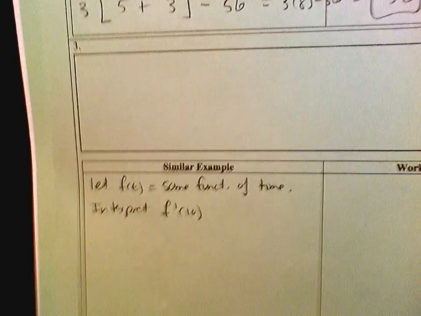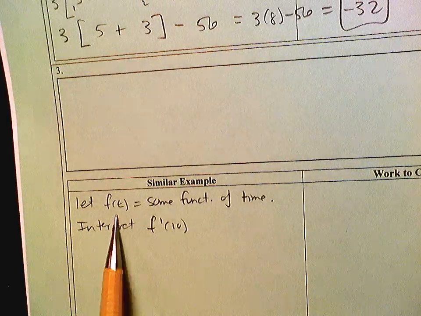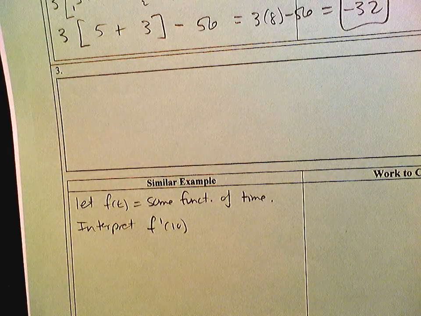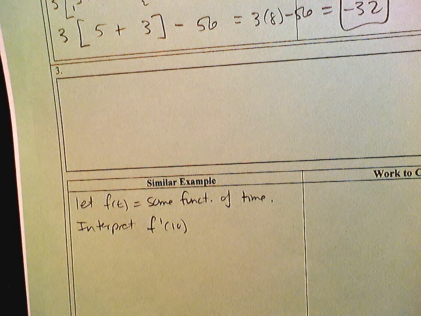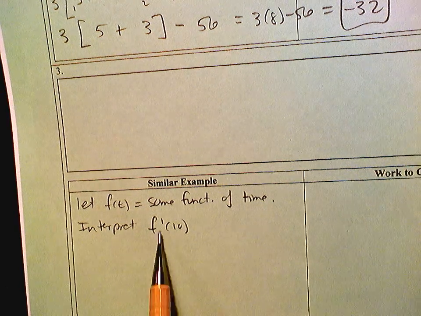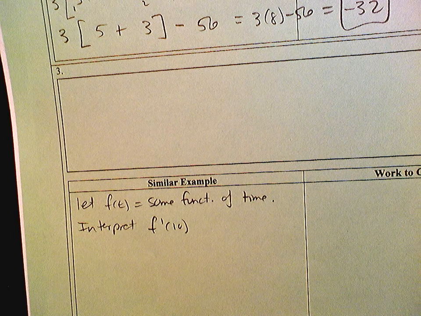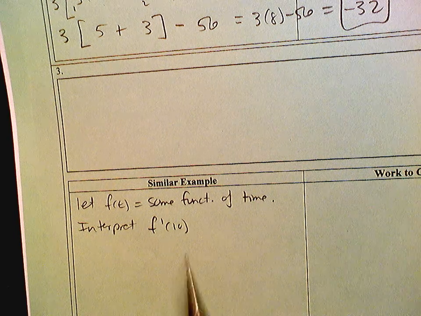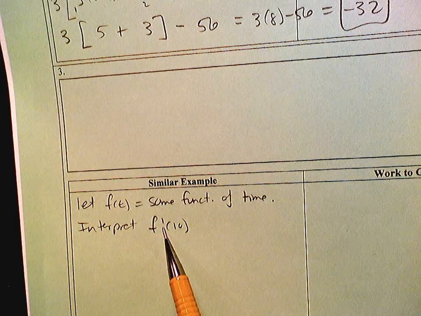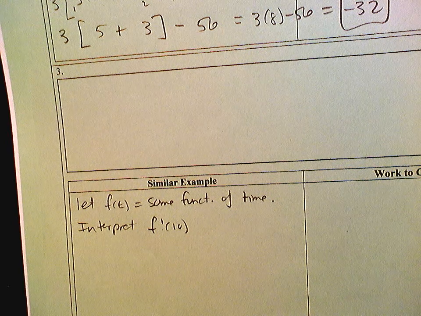Okay, now down here, we're going to let f of t equal some function of time. So time is the input. And we're going to interpret f prime of 10. Well, a derivative is a rate of change.